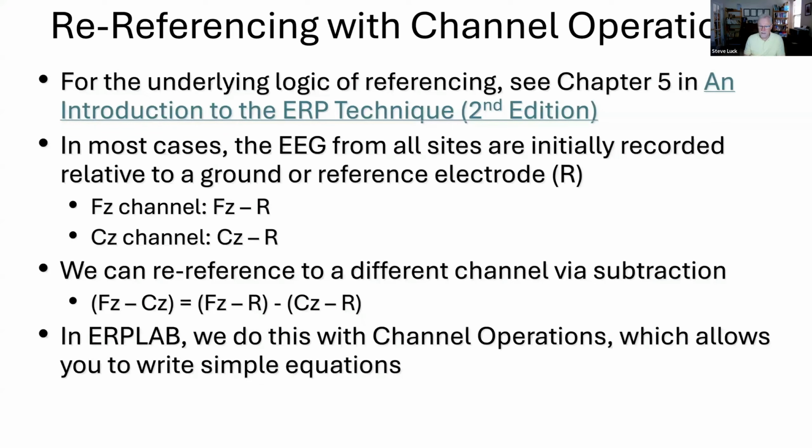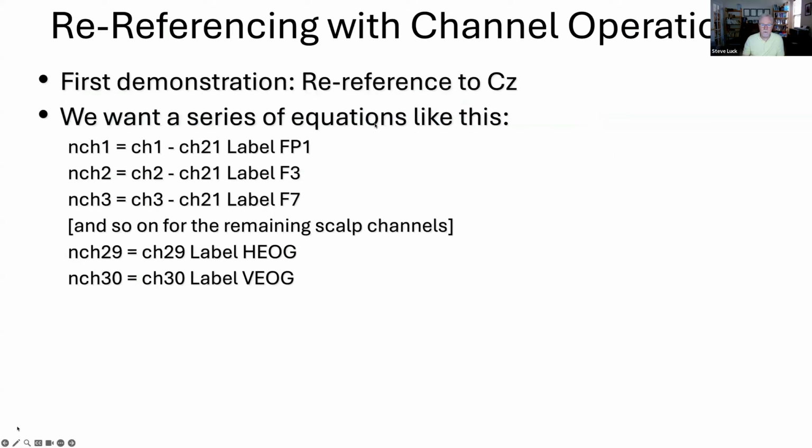And we do this using channel operations, where we can create simple equations. So for example, CZ is channel 21, so I'm going to create a new channel 1 that's the old channel 1, which was FP1, minus the old channel 21, which is CZ. So this is the original FP1 to the reference minus CZ to the reference.